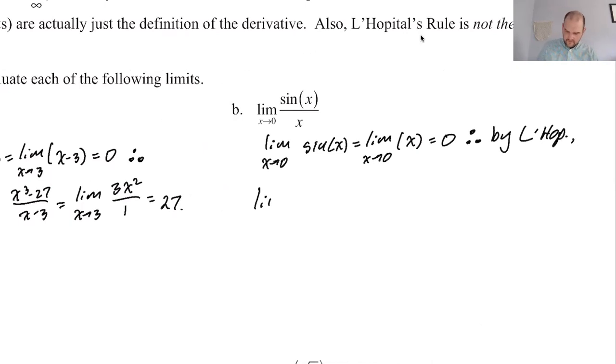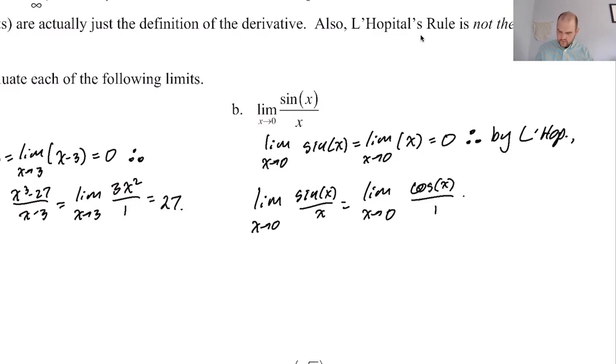The limit as x approaches 0 of sine of x over x equals the limit as x approaches 0 of, all right, let's apply the rule. We take the derivative of the top, we get cosine. Derivative of the bottom, we get 1. And then the cosine of 0 is 1. So these are actually the problems that we did before. Now we're just using L'Hopital's rule on them.